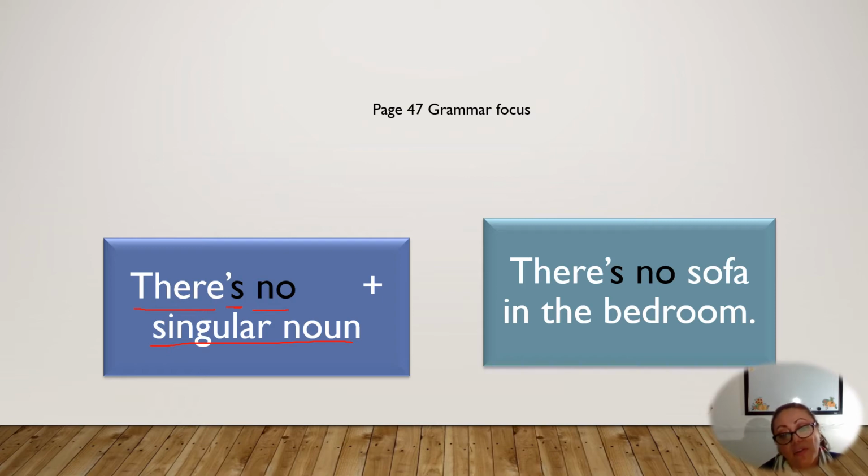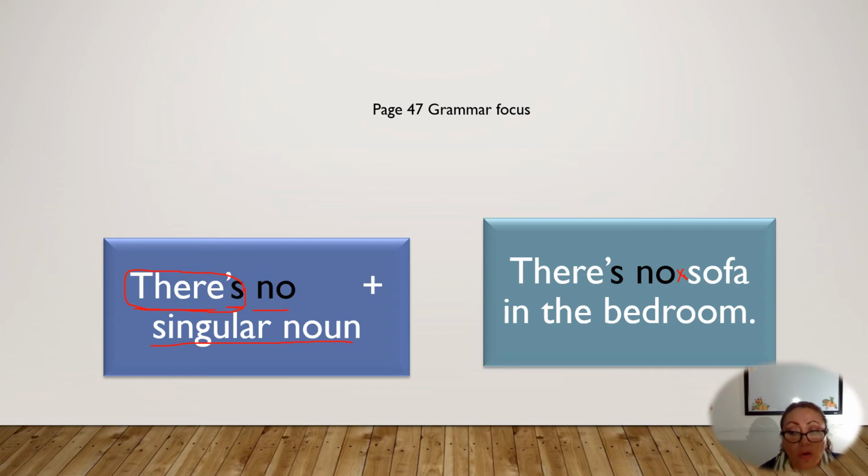When you have the contraction together with the verb to be and you say there isn't, you need to add the word a in singular. When you have the contraction in this form, before everything and alone, there's, see the pronunciation? There's no, there is no, you don't add the word a, no a here.